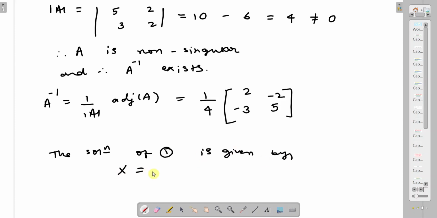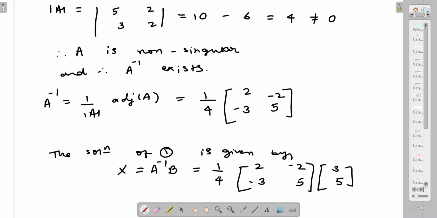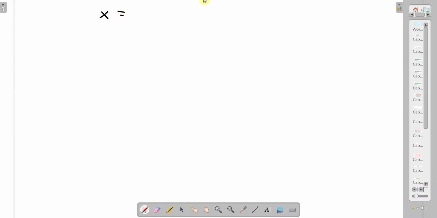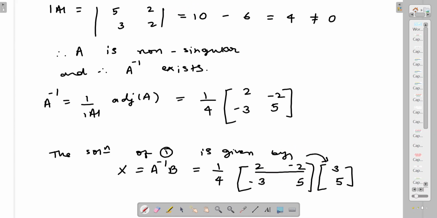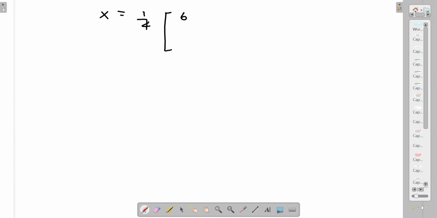This will be equal to 1 by 4 times the matrix 2 minus 2, minus 3 5, multiplied by the matrix B, which is 3 5. Multiplying the first row by the column: 2 times 3 is 6, and minus 2 times 5 is minus 10.